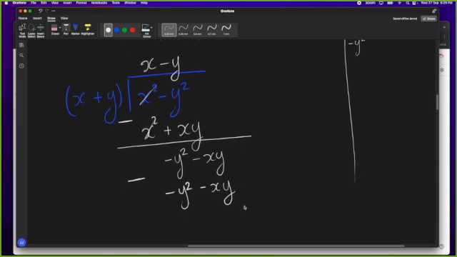So you could see here, and if you look in the working column, minus y squared minus y squared will give me minus y squared plus y squared, which is 0. So the y squareds turn out to be 0, and of course minus xy minus xy is minus xy plus xy, so it does work out to be 0. And this is the factor.